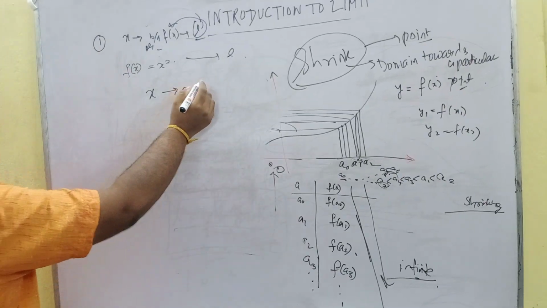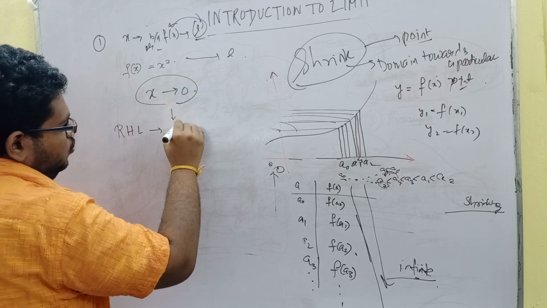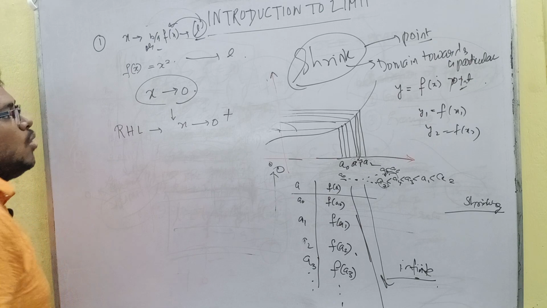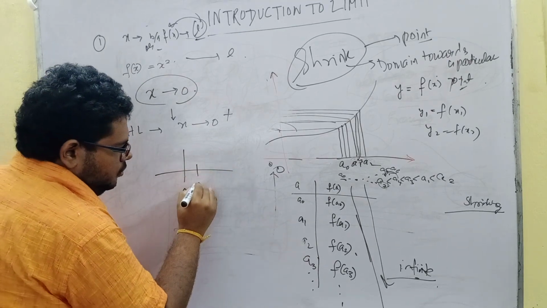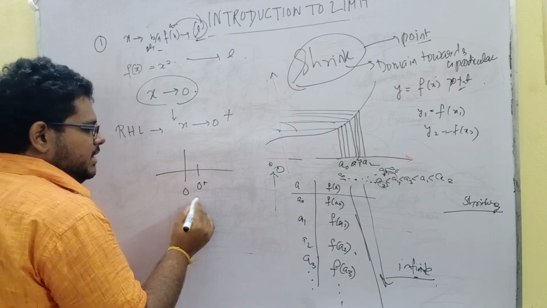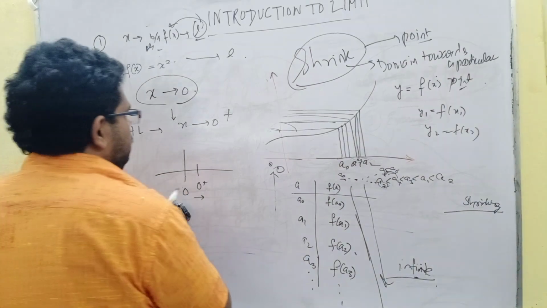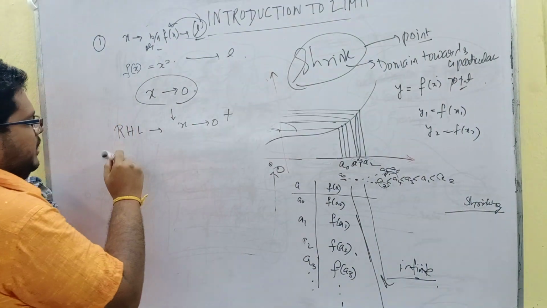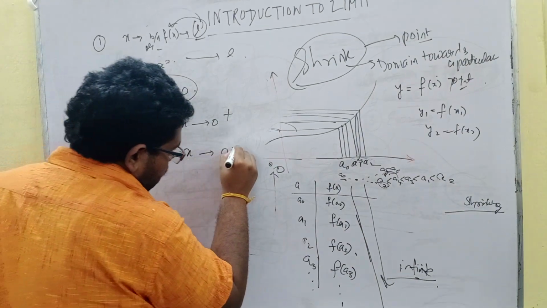Now x can be reached in the right hand way, so we will write this notation in a new way: x tends to 0 plus. Why? 0 plus is a point which is greater than 0, on the right hand side. And the left hand limit we will find where x goes to 0 minus.